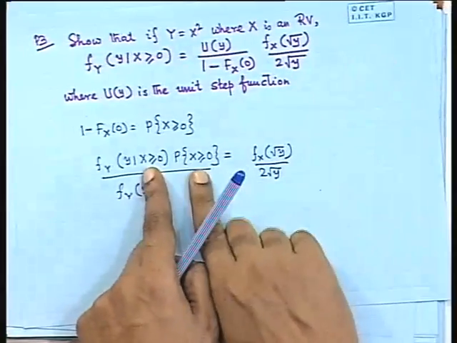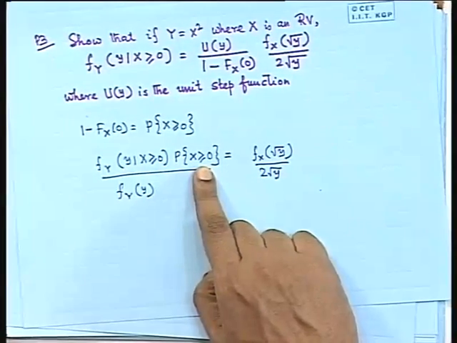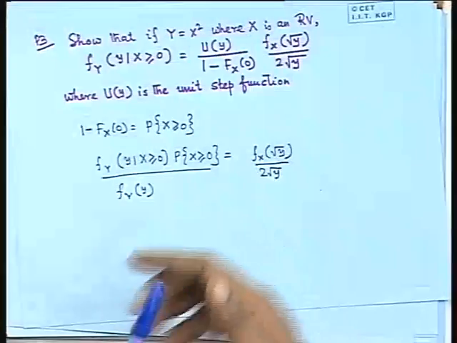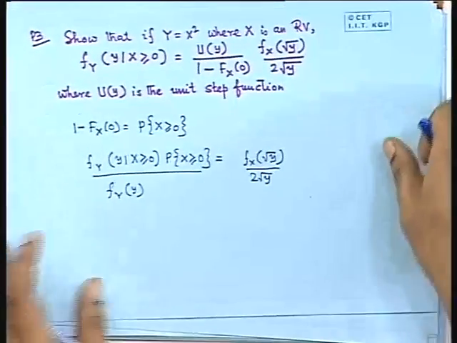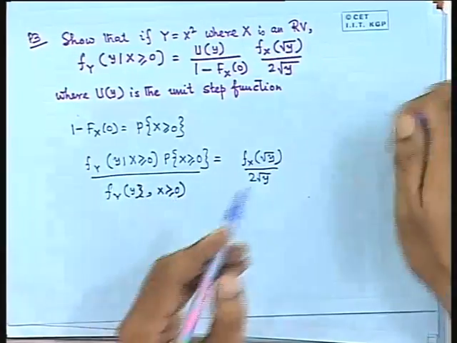This part will go now. Once you have multiplied it by probability, then it will be fy. It will be fy and x greater than or equal to 0. Right or not?